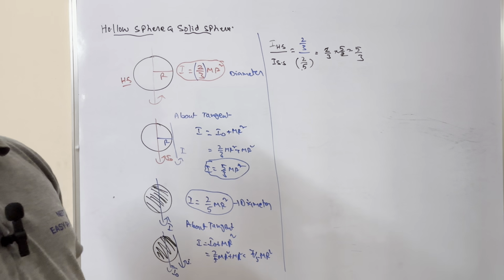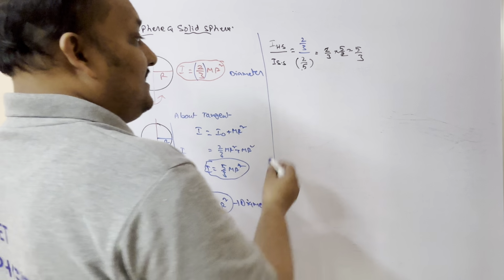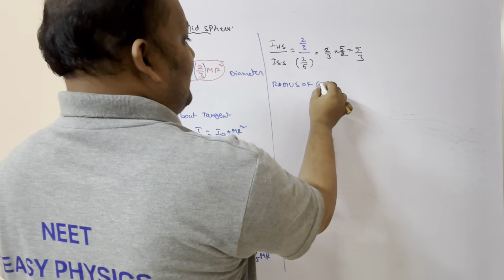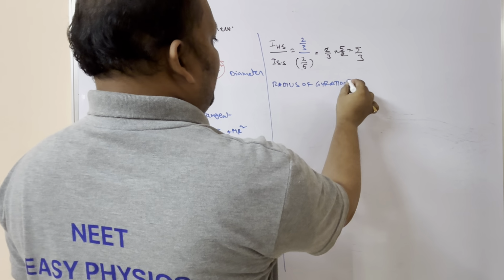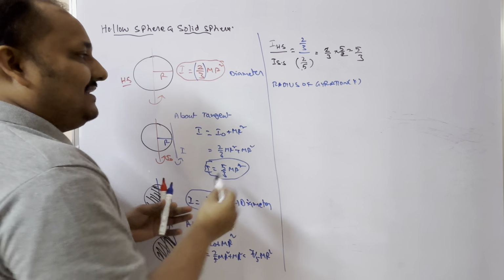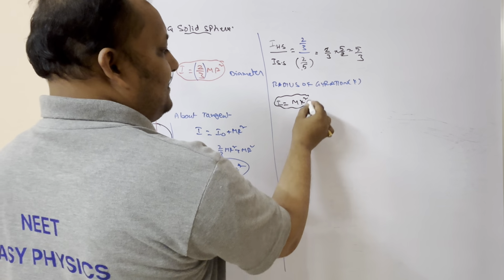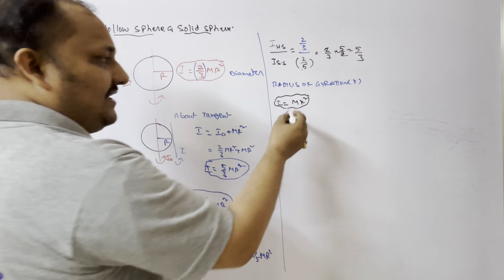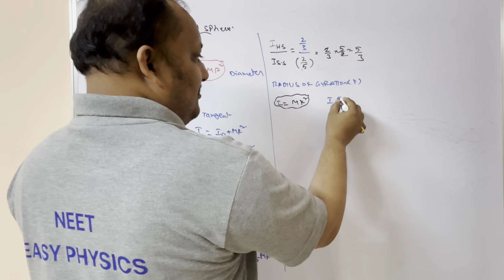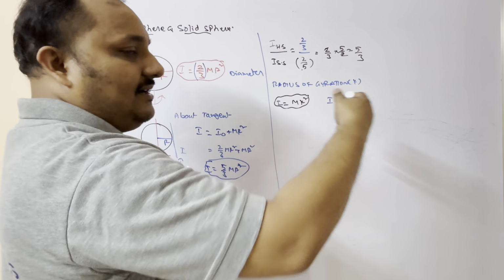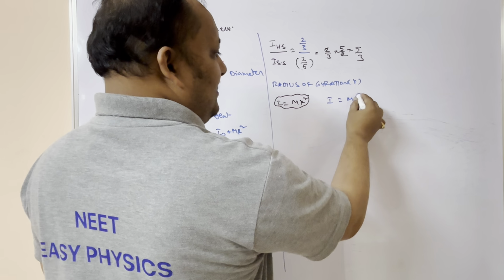Any ratio they may ask, otherwise they will ask radius of gyration ratio. For all these, I is equal to m k square is the moment of inertia in terms of radius of gyration. So for ring, about its center, passing through its center perpendicular to its plane, m r square.